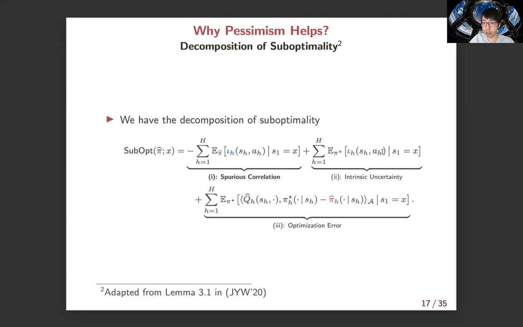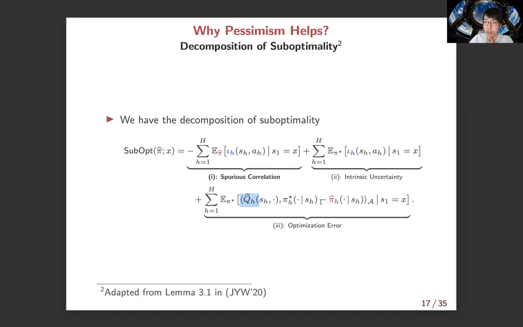Those are the uncertainties along the trajectory of the optimum policy. It means that if we do not observe a lot of data points along the optimum policy, then there must be uncertainty in estimating the optimum policy, which we cannot avoid. The third term is the optimization error. If pi hat is greedy with respect to q hat, then this term will be negative, or at least non-positive.